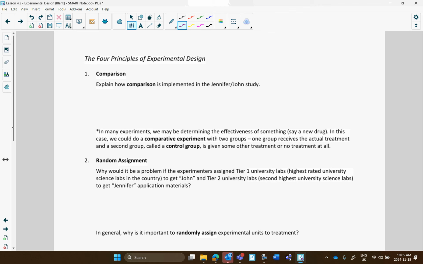Yes, yeah, so there's basically 2 groups, aren't there? There's the Jennifer group and the John group. Okay. I'm still thinking. Keep thinking.